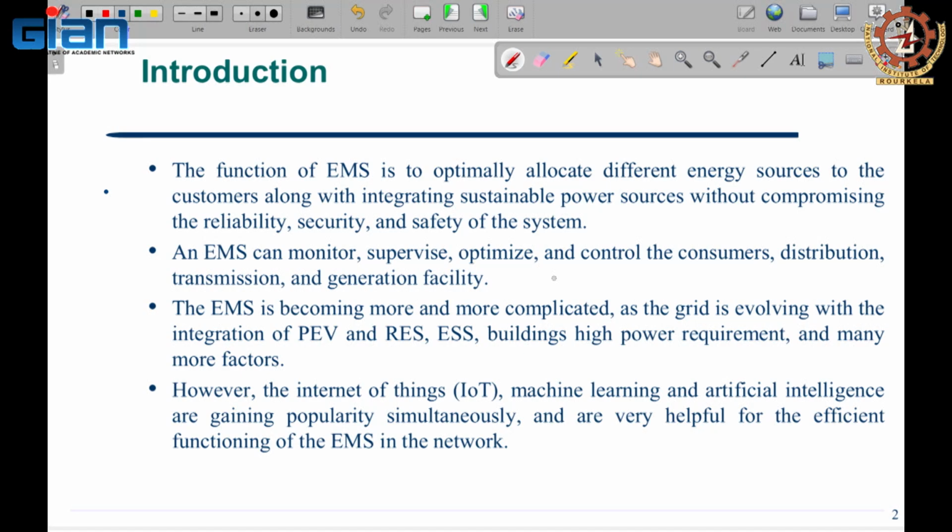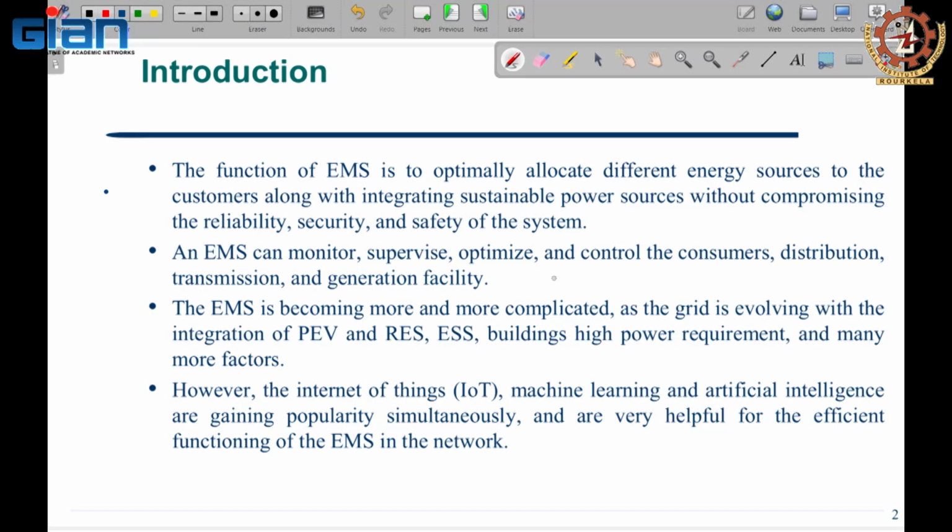We see that the grid is evolving into a complex network with the integration of electric vehicles, renewable energy sources, energy storage systems, and many more factors. So this energy management system becomes more complicated with the integration of these renewable energy sources, storage systems, and electric vehicles. So it gets more complicated.